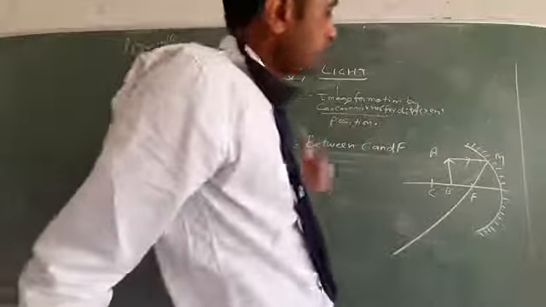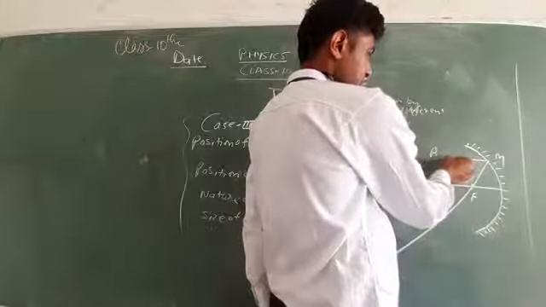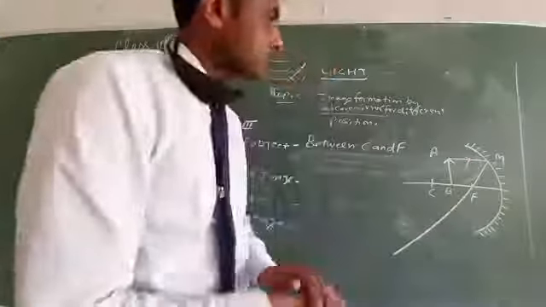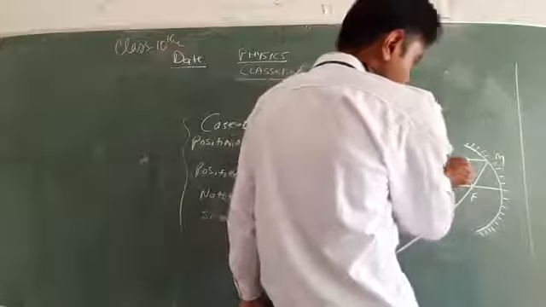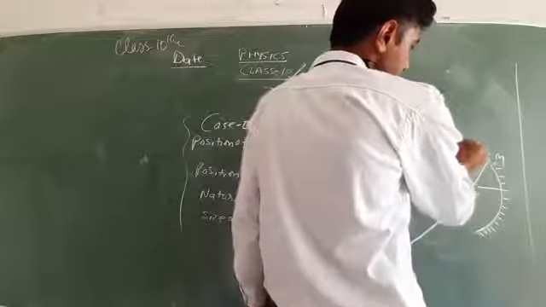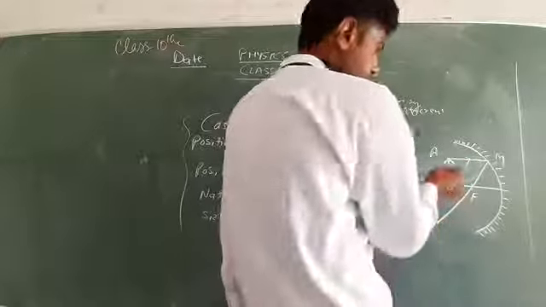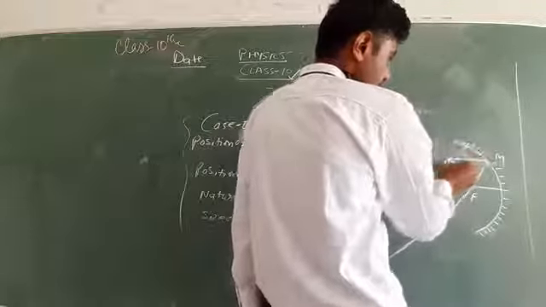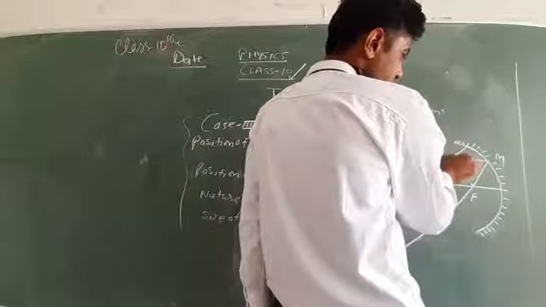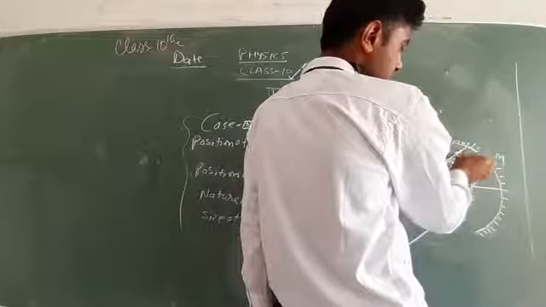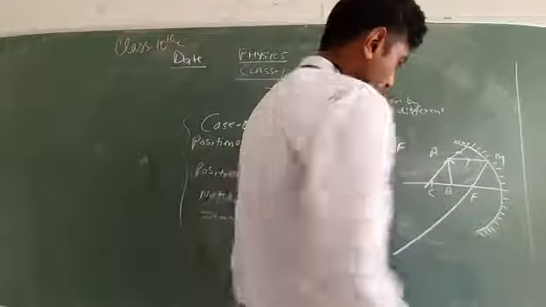Now we have to take another ray. Start from the same point. So you can take the ray from the top of this object through the center of curvature. These rays of light travel like this, and pass through the center of curvature.